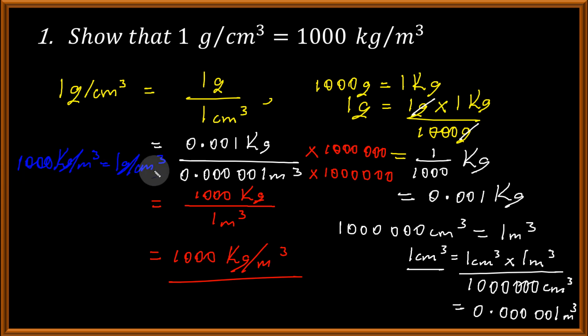But when students are confused by this conversion, they would think that 1000 grams per centimeters cubed is the one which is equal to 1 kilogram per meters cubed. Many students usually think this is the correct way of writing this expression here. It happens a lot. But the correct conversion is 1 gram per centimeters cubed is equal to 1000 kilograms per meters cubed.